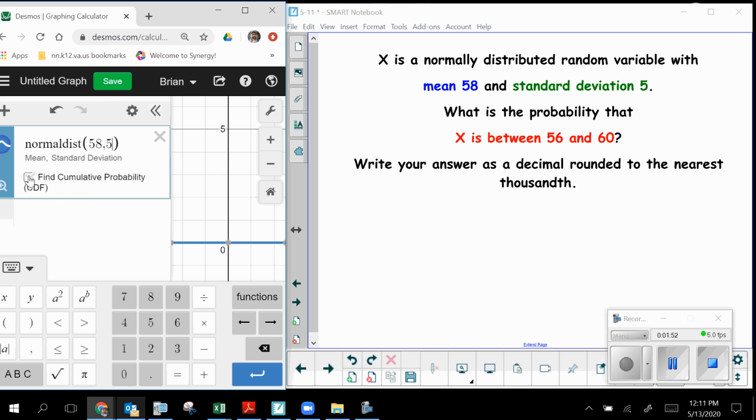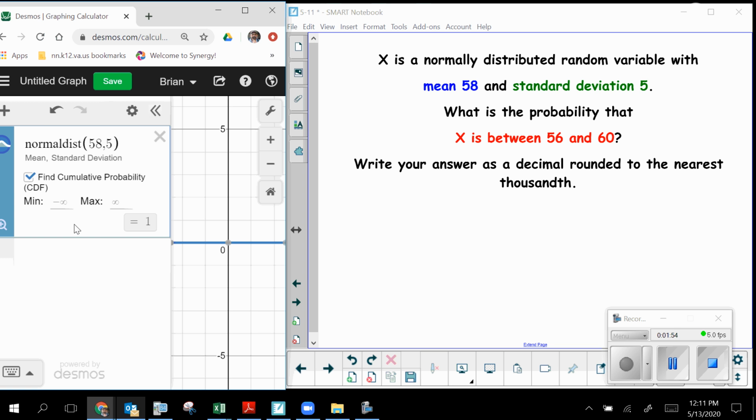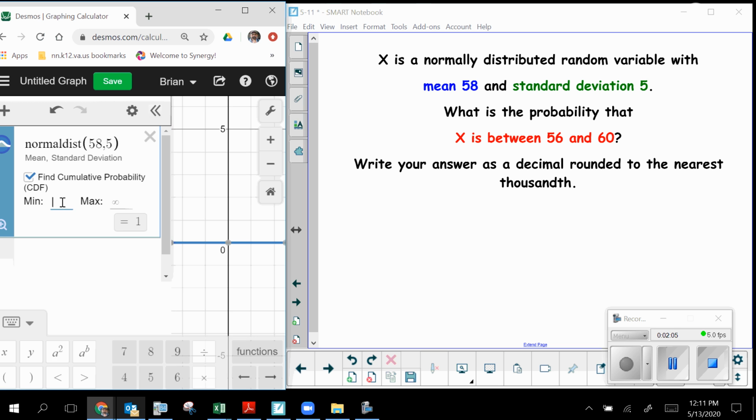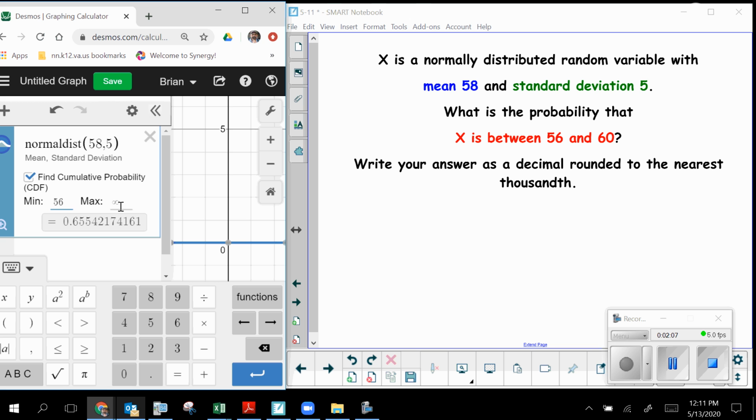And to find the cumulative probability, just click the checkbox, and right now you see it says equals 1, right? Because the area under the curve is 1. But if we put in our restrictions here, x is between 56 and 60, so a minimum value of 56 and a maximum value of 60, and it spits out that we would have a probability of 0.1308.